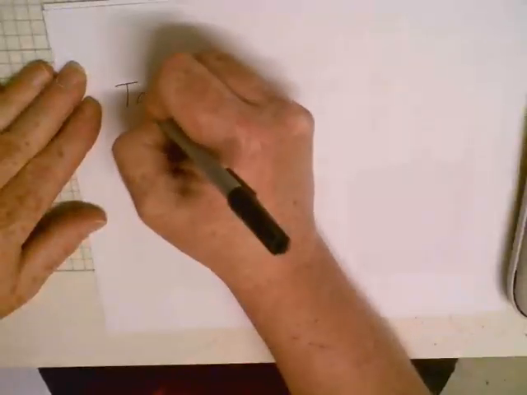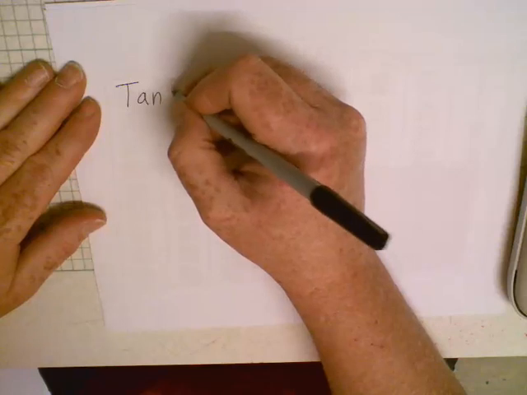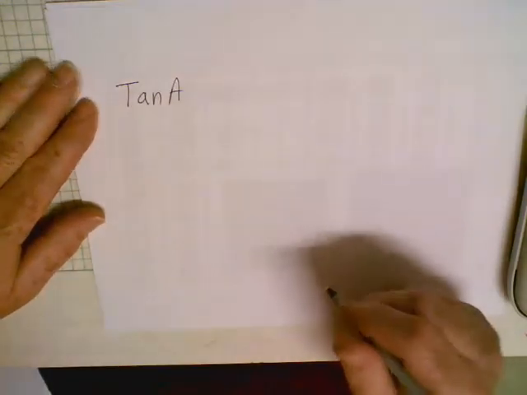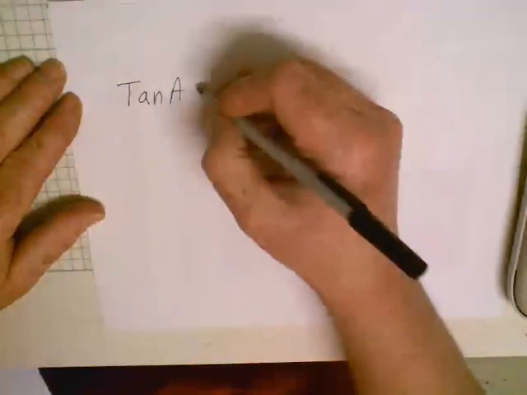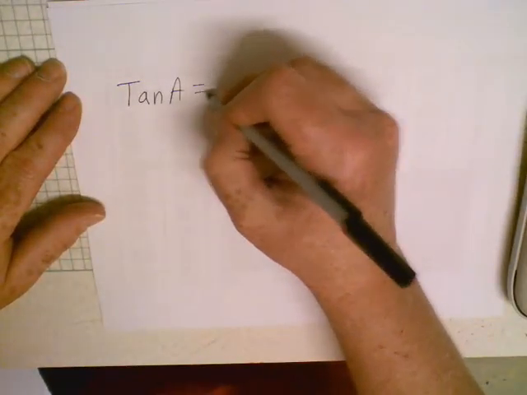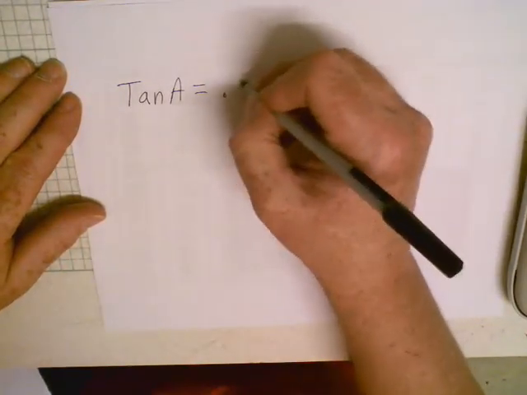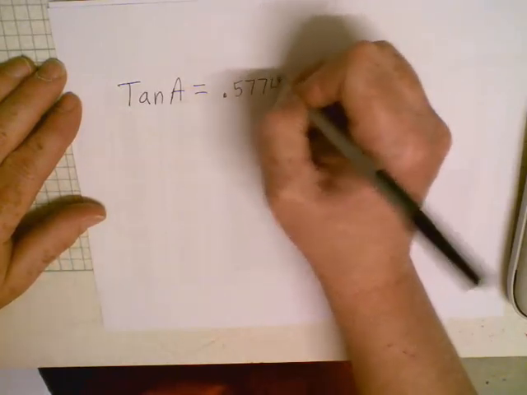So if I do a couple just examples here, we'll do one that we just got done doing, tangent, and we'll call it angle A. These are written many different ways. I'm going to show you all the different ways that they're written. So it could say the tangent of angle A is 0.5774.